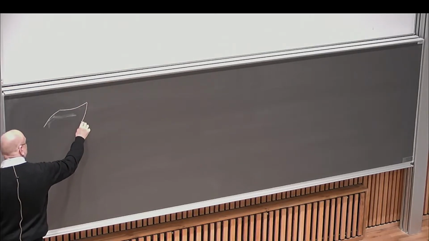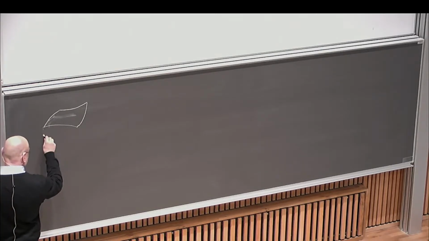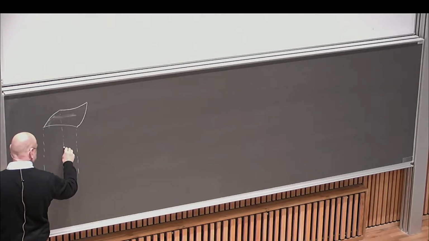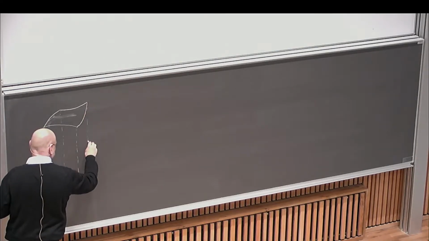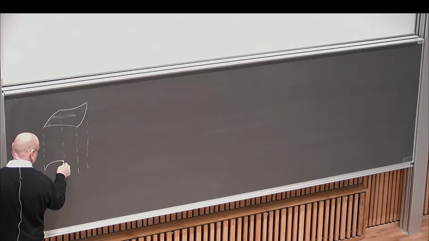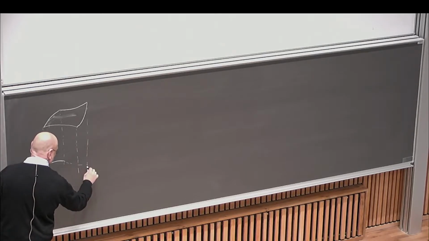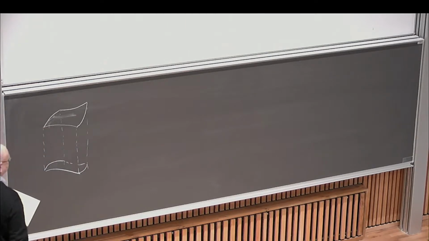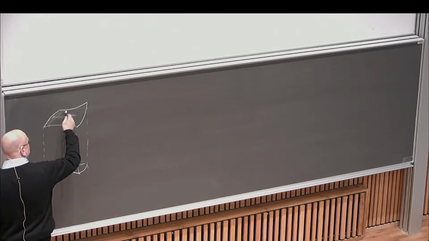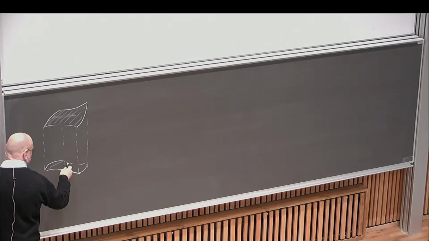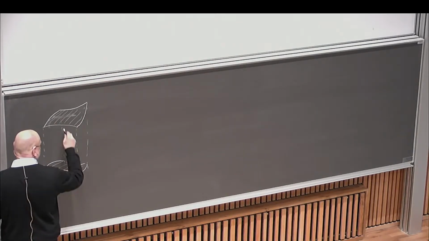So it looks something like this. And then I have, say, a lower boundary. That looks something like this. So this is, say, the upper surface of my volume, and this is the lower surface of the volume.